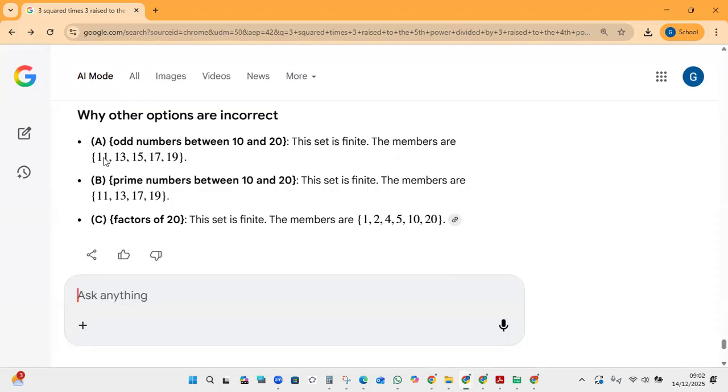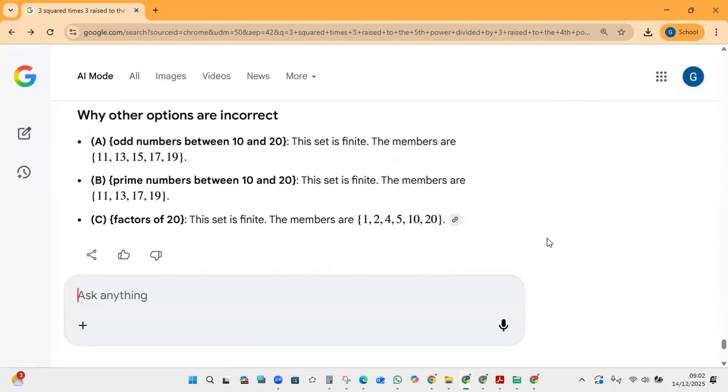And by the way, odd numbers are numbers that are not completely divisible by 2. You always leave a remainder of 1, as opposed to even numbers, which are exactly divisible by 2. For example, 2, 4, 6, 8, etc.